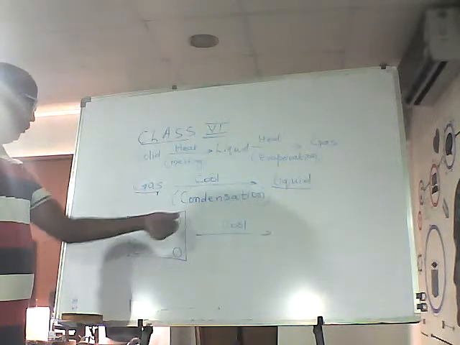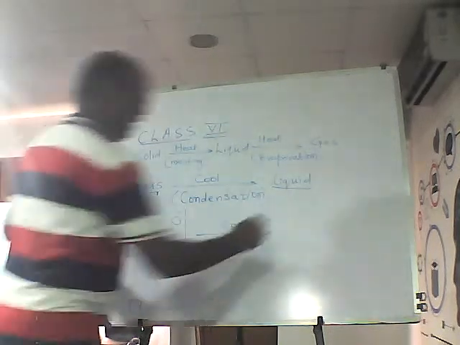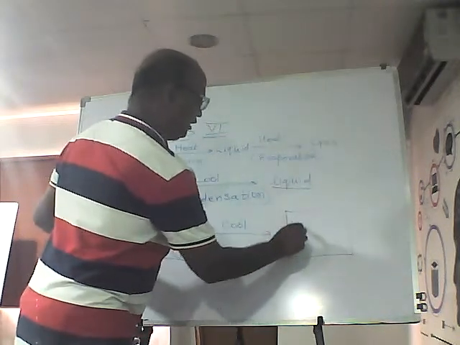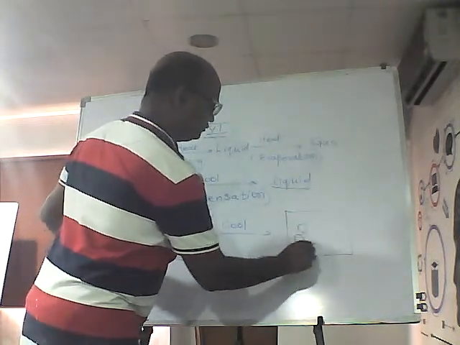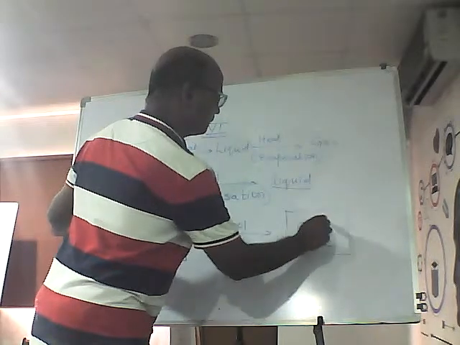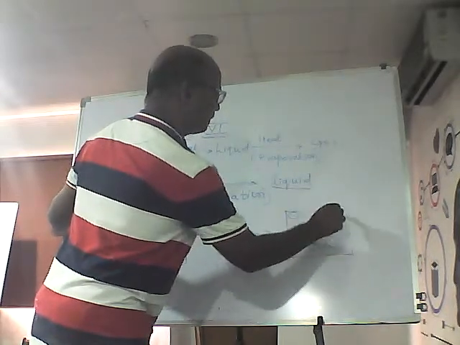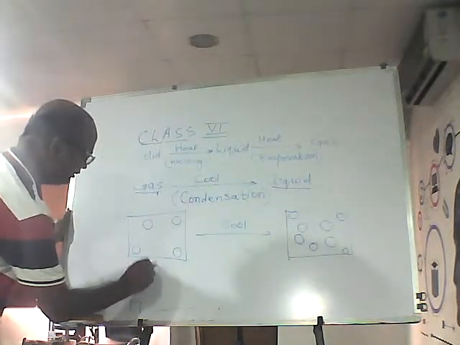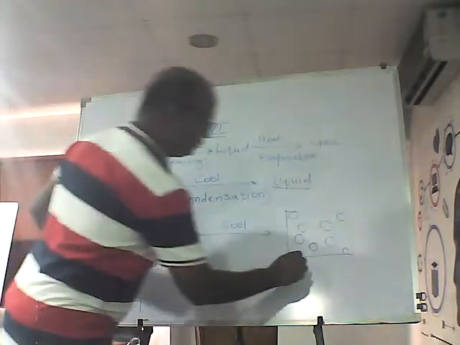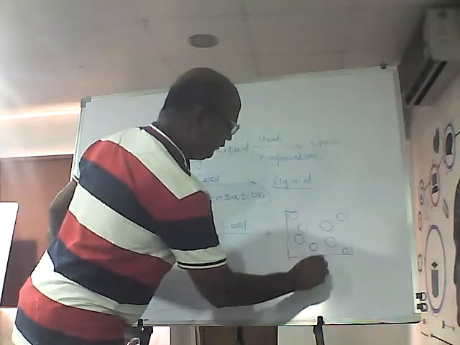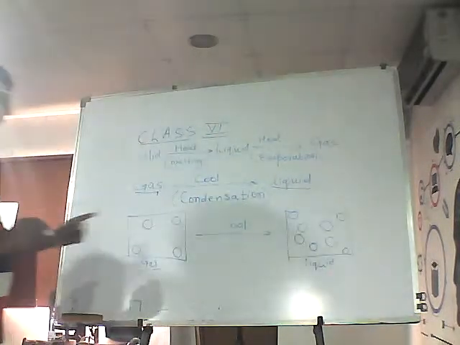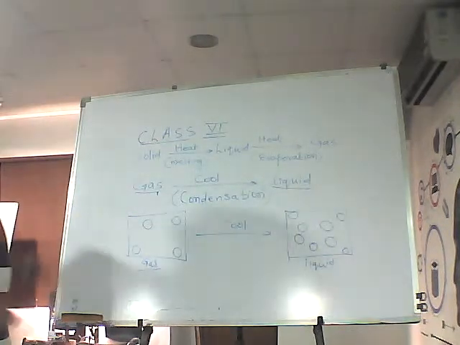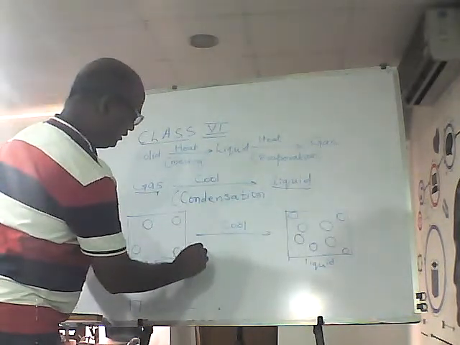These molecules will lose energy and come near one another. So this molecular arrangement is of gas, and this molecular arrangement is of liquid. On cooling, gas changes into liquid, and that we call condensation.